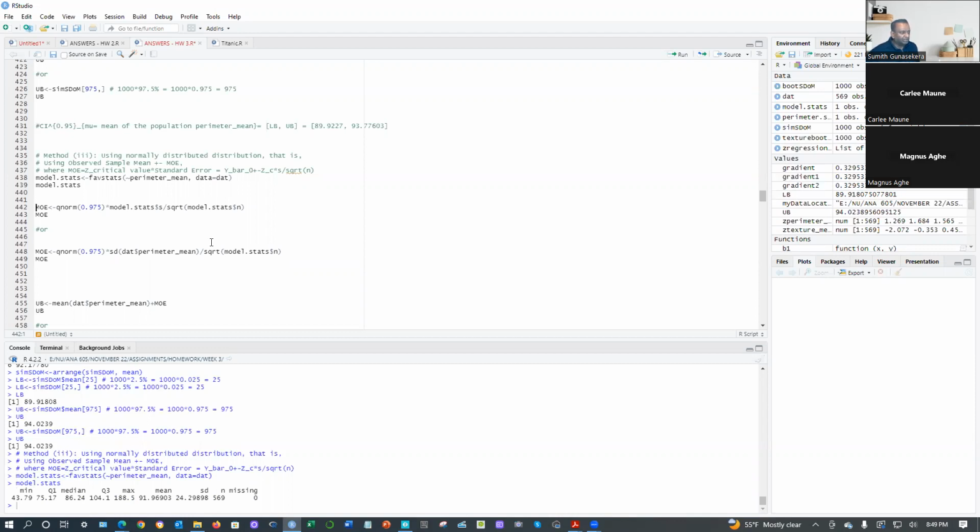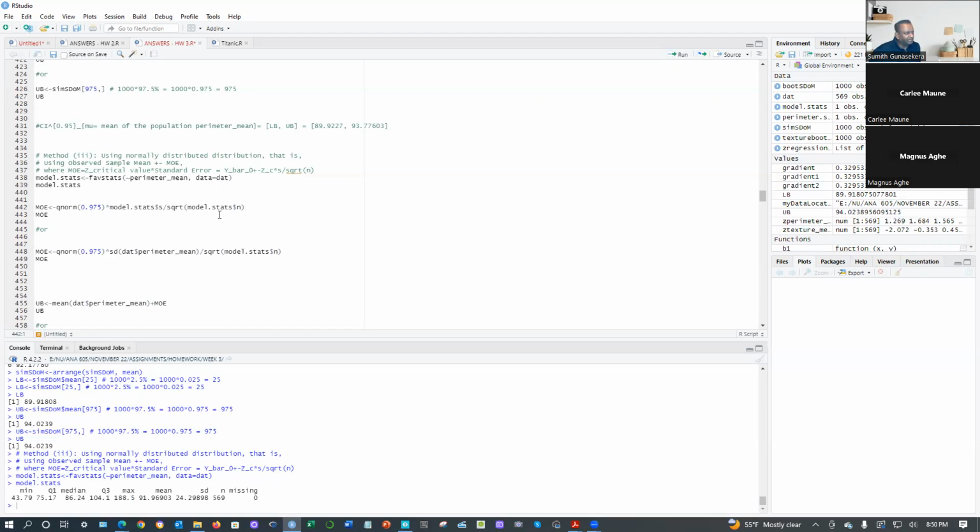That's why we are using programming. I give the command telling it to go to this place and read it. Go to the data and perimeter mean, or you can go to the model statistics and read s from that. Or you go to the data and perimeter mean and get the standard deviation. Another way to get it done.